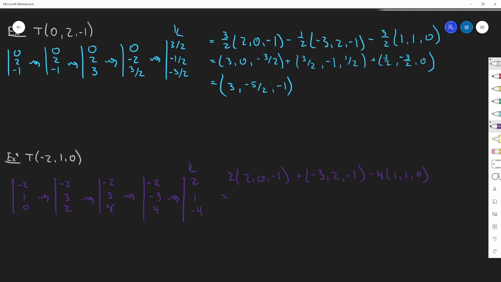This would be 4, 0, negative 2, plus negative 3, 2, negative 1, plus negative 4, negative 4, 0, which is 4 minus 4 is 0, minus 3 is negative 3, 0 plus 2 is 2, minus 4 is negative 2, and then negative 2 minus 1, it is negative 3. And that should be our answer to the last one.